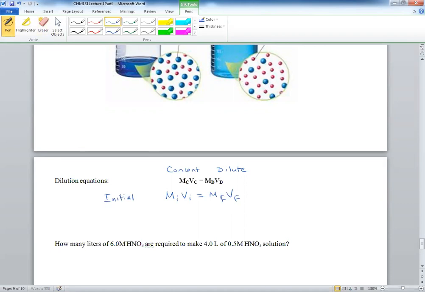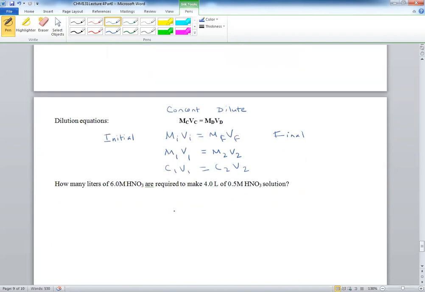Initial, and this is final. Similarly, sometimes it's written as M1 V1 equals M2 V2. All of these are pretty much the same thing. Sometimes C1 V1 equals C2 V2, in concentration. So it's all pretty much the same.